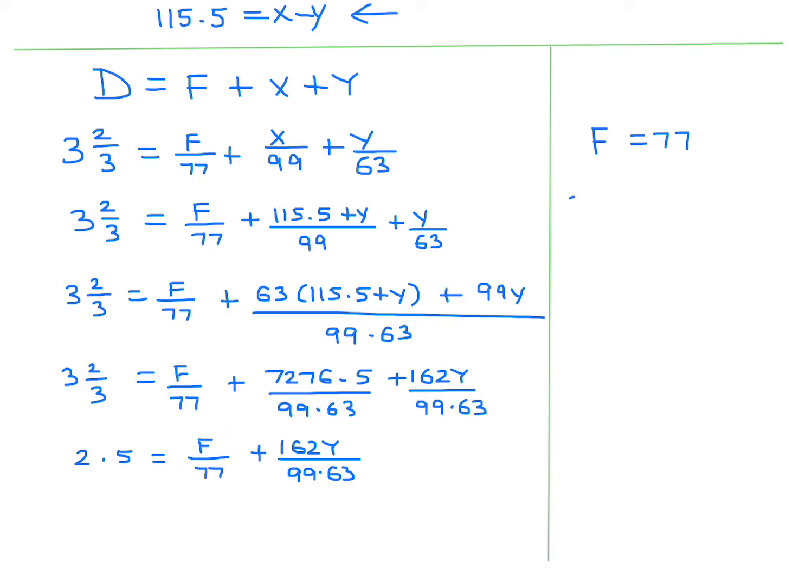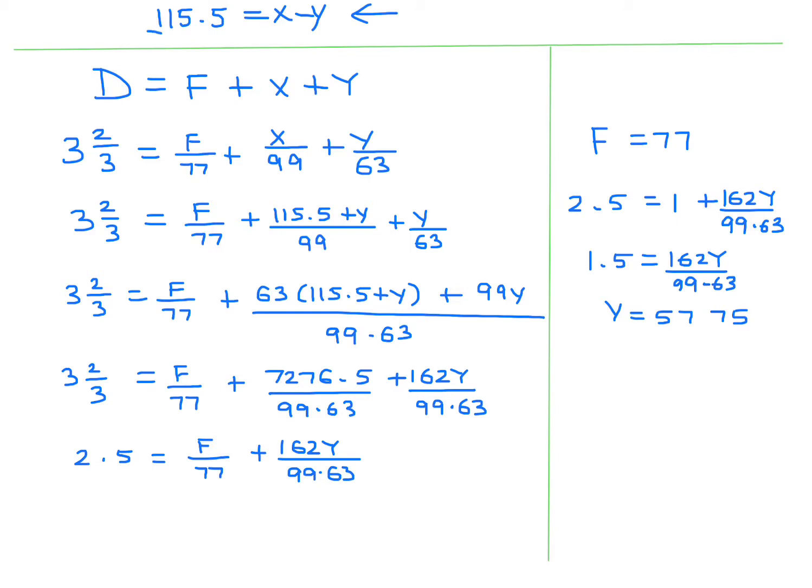Okay, so that would be 2.5 is equal to 1 plus 162y over 99 times 63. Bring the 1 over and I get 1.5 is equal to 162y over 99 times 63. And if I solve for y in this, I will get y is equal to 57.75.